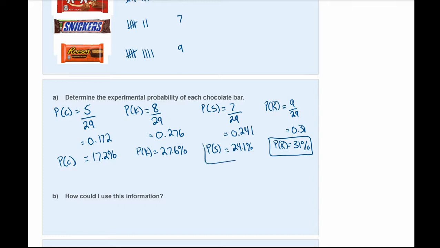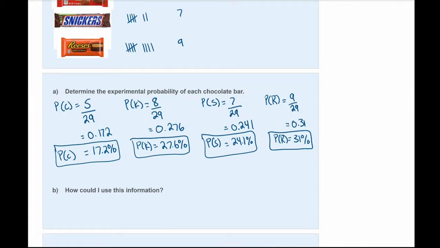If we look at it, based on these results, how could I use this information? Well, if I'm asking this as a teacher and I'm asking the class, how can I use this? I would use this to determine which chocolate bars I should buy as maybe prizes.